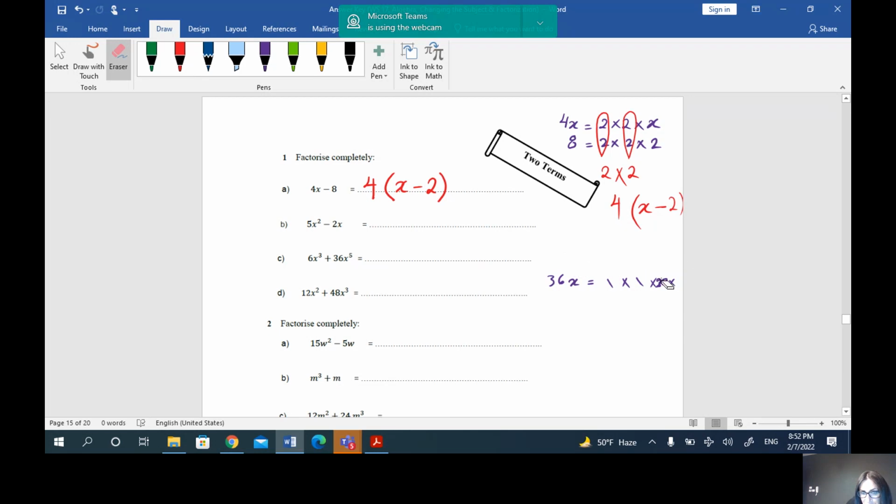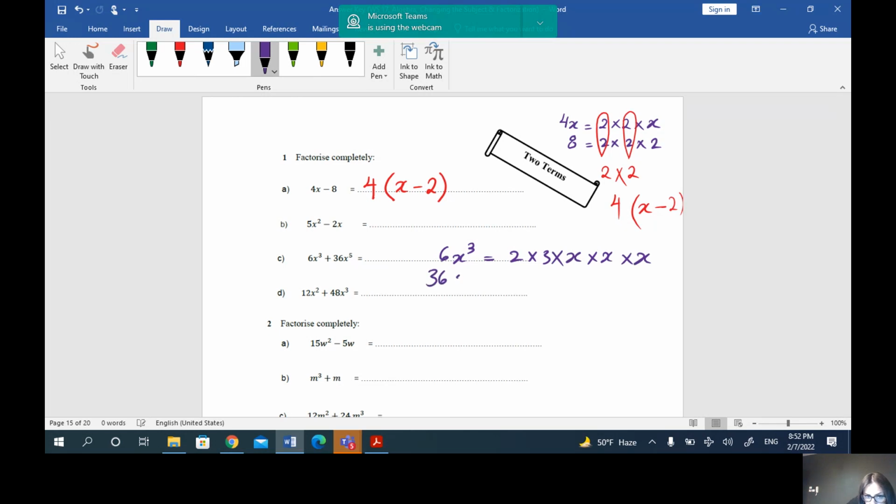I'm just trying to explain, guys, but unfortunately the space, I will explain it and then I will erase it. So we all agree that this is 2 times 3, 1, 2, 3 x's.